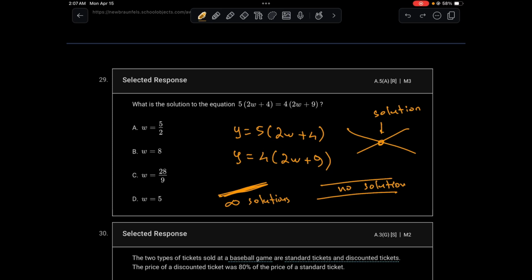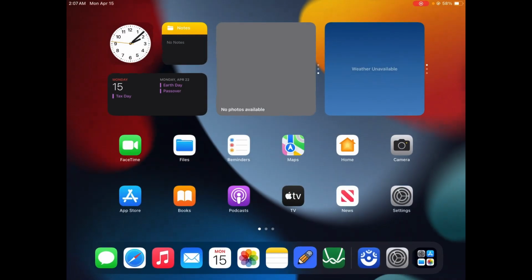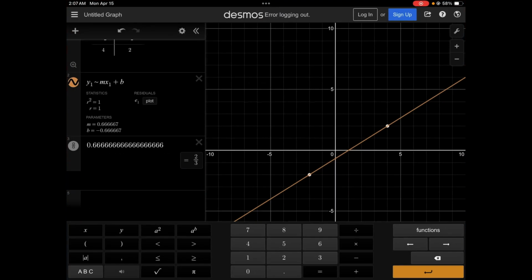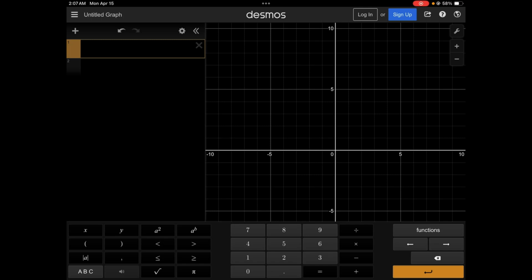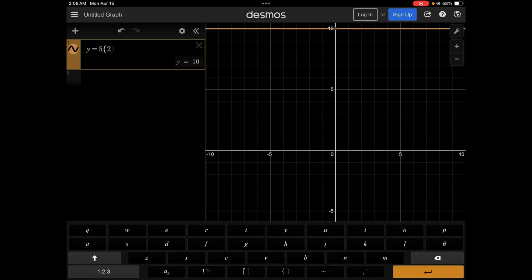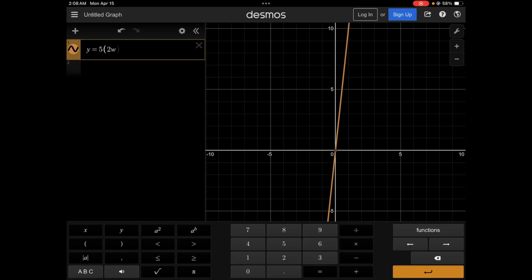Let's go to our graphing calculator. Y equals 5 times 2w plus 4. It's going to give me a line.